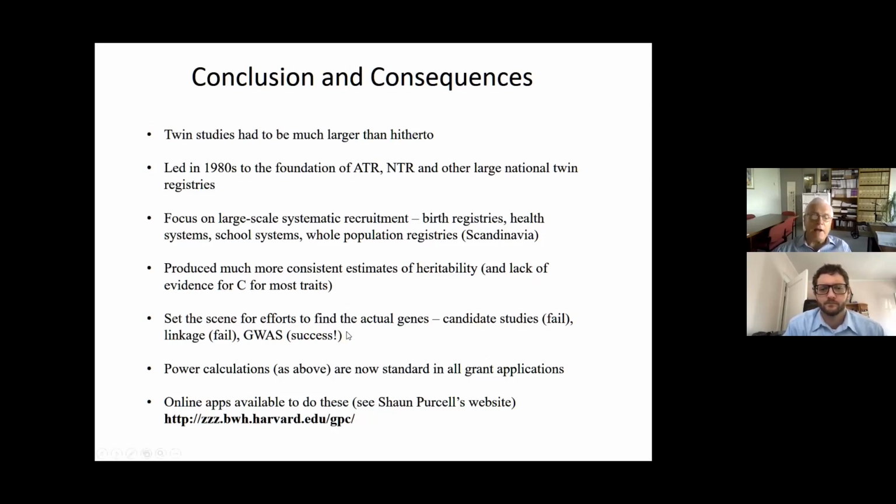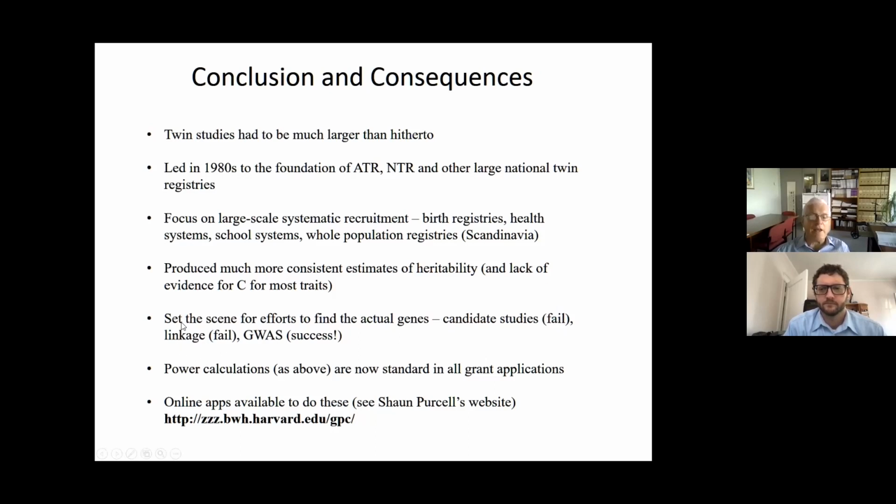And I don't think it's too much of a stretch to say this really set the scene for efforts to find the actual genes, which started off with candidate gene studies, which a lot of people wasted time on in the 80s, and I think generally regarded as a complete failure, almost complete failure.